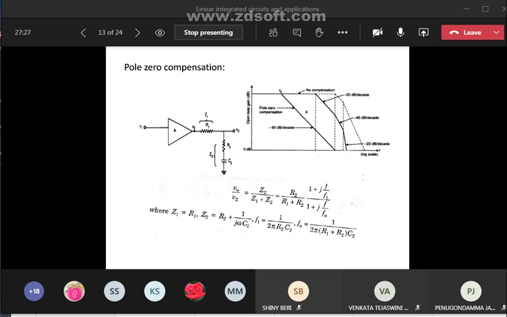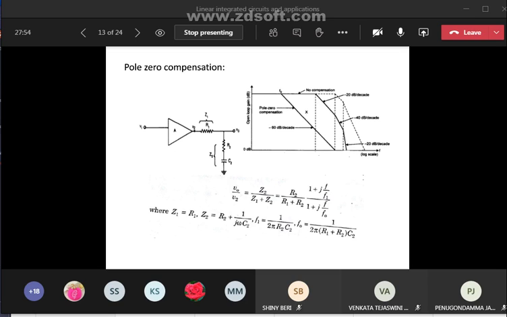So Z2 by Z1 plus Z2 is equal to R2 minus jXC2 by R1 plus R2 minus jXC2.